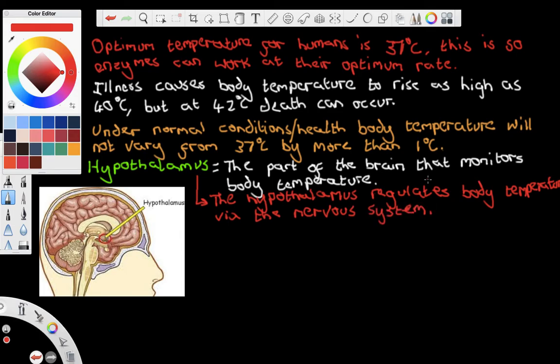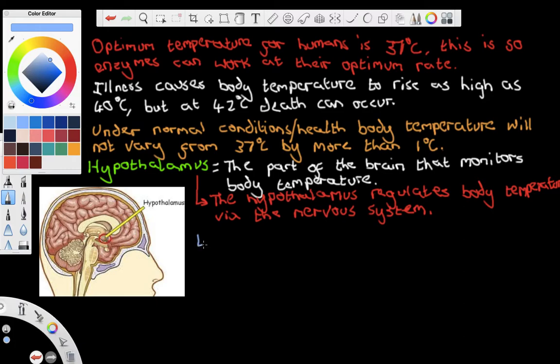Okay, so blood flows through your hypothalamus and it registers the temperature of your blood and decides whether it needs to bring about corrective mechanisms to warm you up or corrective mechanisms to cool you down. We'll write that here because I need some more space for the next bit anyway.